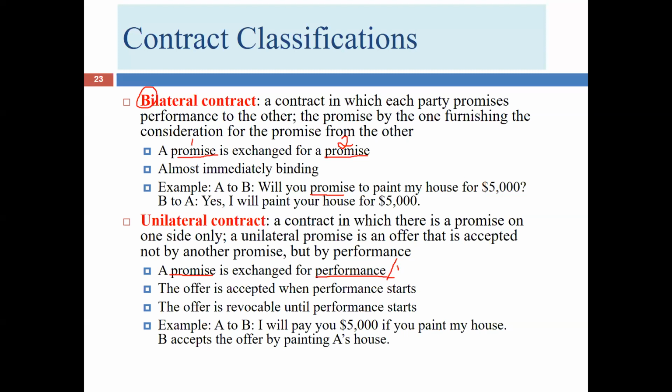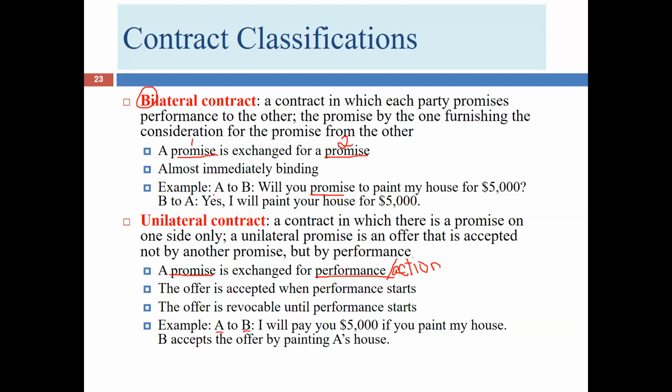Again, when we use the word performance here, we're not talking about like the symphony performing or something like that. We're talking about a house. The way a house painter performs is by painting the house. It's an action. So bilateral is a promise for a promise. A unilateral is a promise for an action. And in this case, the offeror, Adam or A, makes the promise. The offeree, Bob, is the one who, if he accepts, accepts by action.